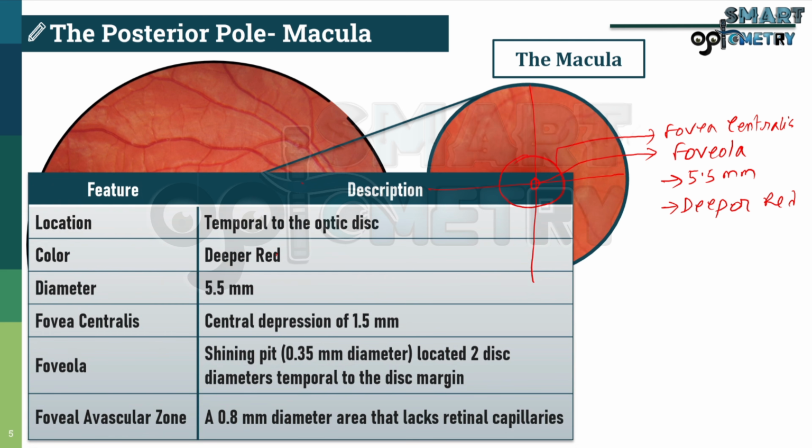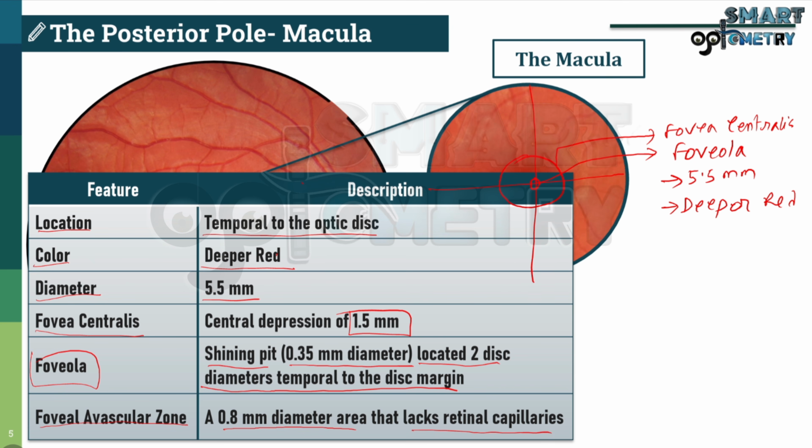So overall summary is, the location of the macula is temporal to the optic disc, the color of the macula is deeper red, the diameter of the macula is 5.5 mm, and at the center there is fovea centralis and its diameter is 1.5 mm, and at the center of the fovea centralis there is foveola, that is a shining pit of 0.35 mm in diameter and located two disc diameter temporal to the disc margin, and there is a foveal avascular zone that is 0.8 mm diameter that lacks retinal capillaries.